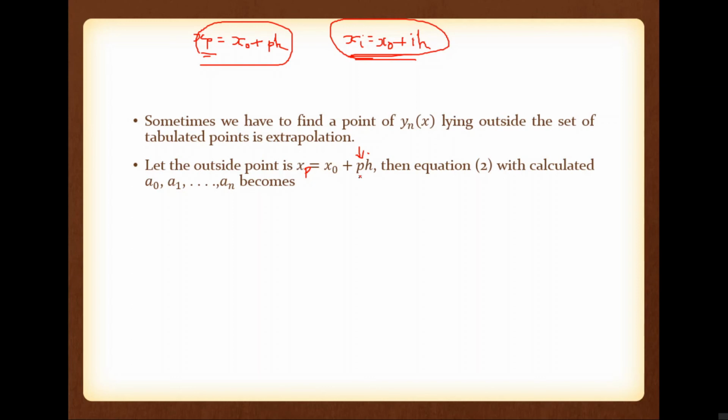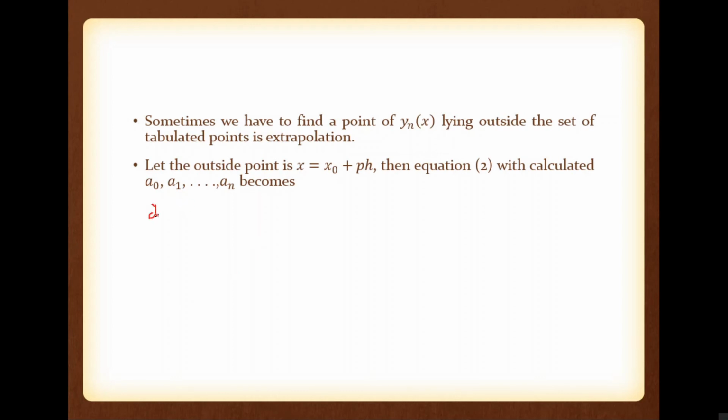Am I confusing you? Okay. So now what is our interpolation function? The interpolation function is yn is equal to a0, that is y0, plus a1. a1 is delta y0 divided by h into x minus x0.